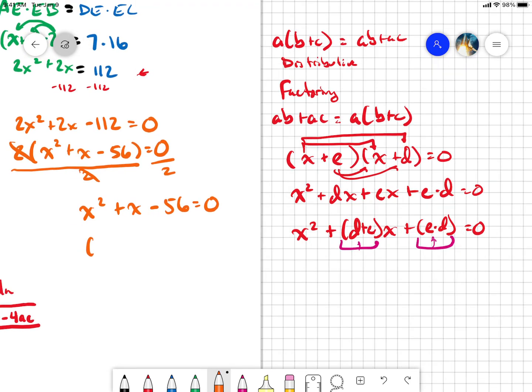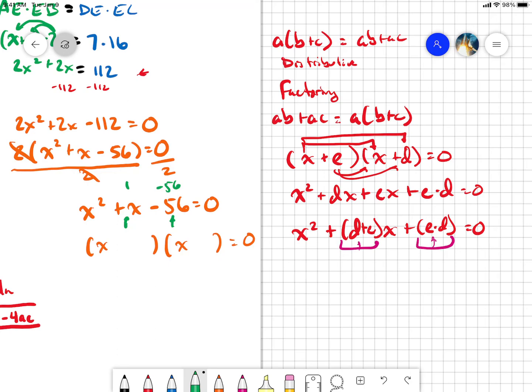So the whole point of understanding that is now when I go to factor this equation, I'm looking for two values that add together to give me 1 and multiply together to give me negative 56. Okay?